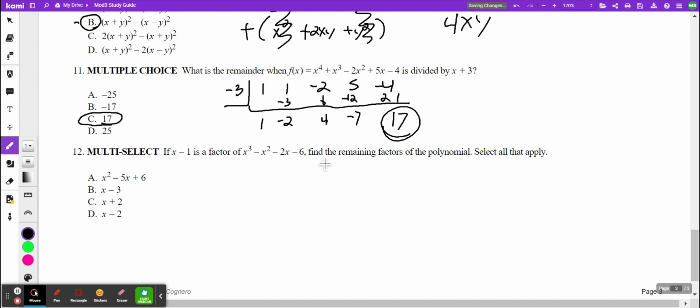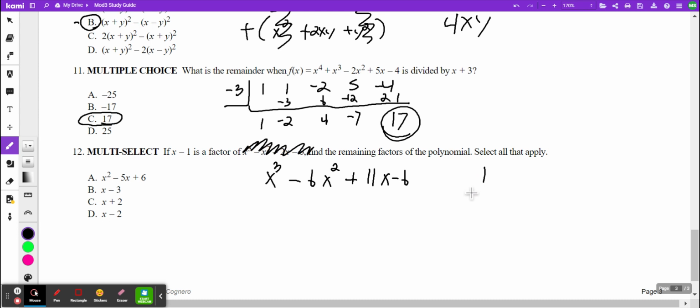Okay, if x plus 1 is a factor, find the remaining factors of the polynomial. All right, well, on this one, this is an error. It's actually supposed to be x cubed minus 6x squared plus 11x minus 6, because I was going through and I couldn't get it. So do I do division or synthetic? I'll do synthetic.